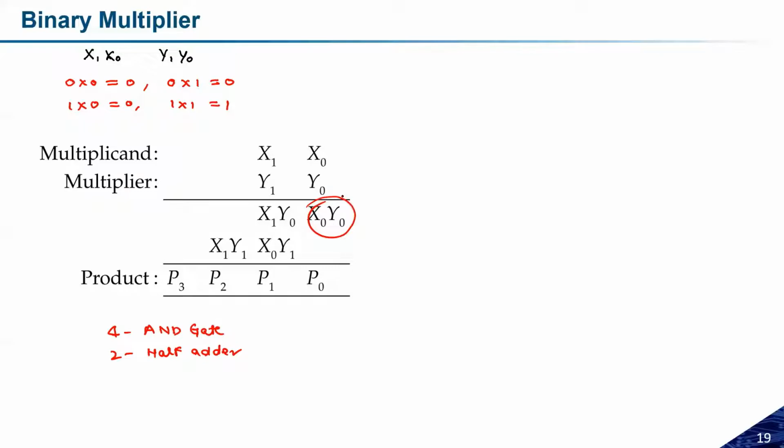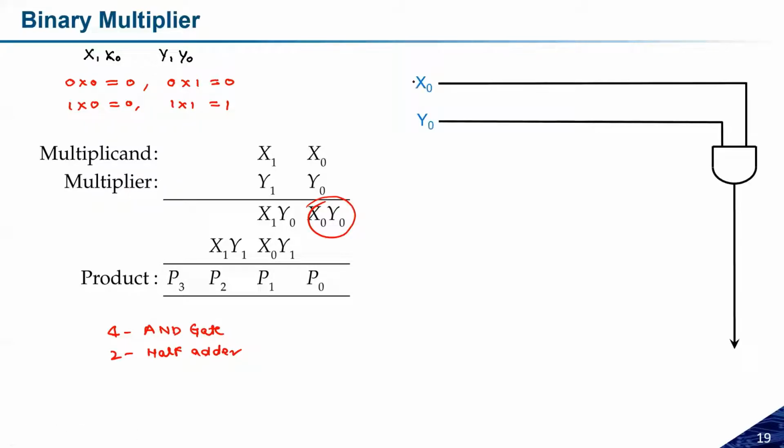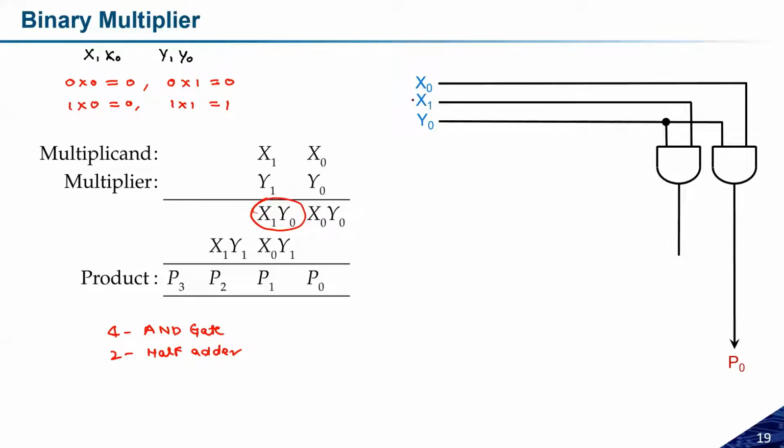We need x naught and y naught. So suppose I have x naught and y naught, and I need one AND gate. This point will give you the p naught. Okay, this is the first term. Second term, I need x1 and y naught, which we already have, so I need one AND gate that will give you x1 y naught.